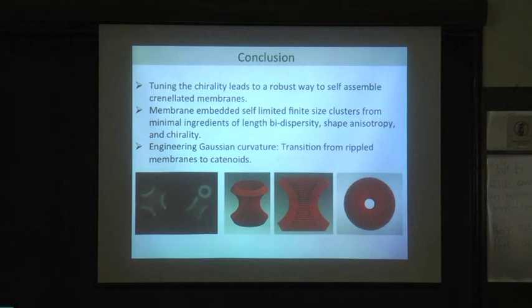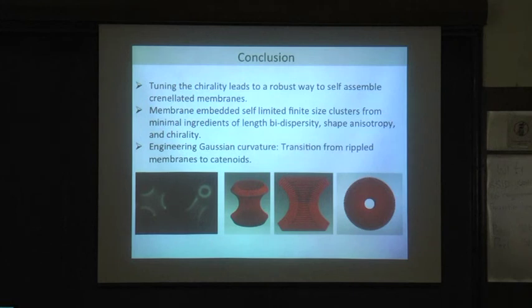And in the end, is this at all relevant to cell membranes? That's what people asked us when we showed finite size rafts. I think it's one of the mechanisms that might be relevant to cell membranes, because it's known that cholesterol is a key component in the formation of lipid rafts. And cholesterol is a chiral molecule. In fact, that was the first chiral molecule identified in liquid crystal physics.